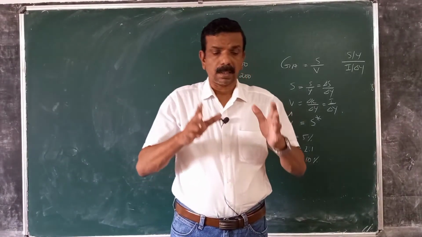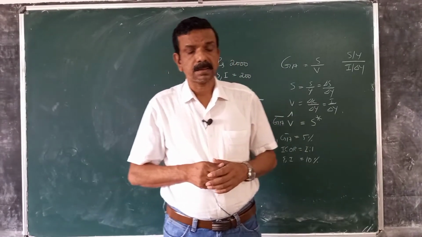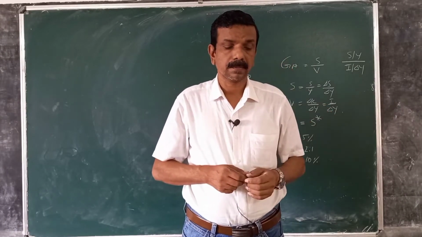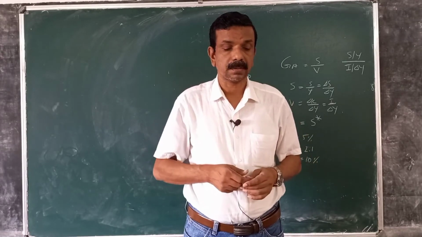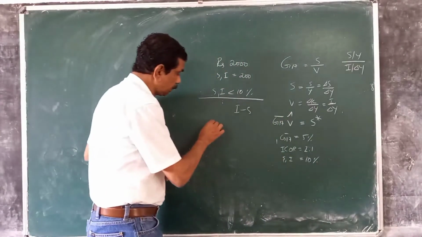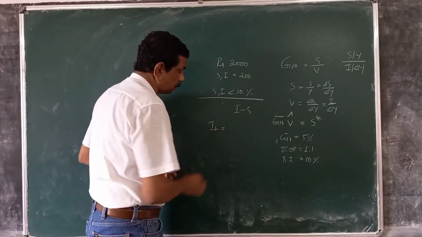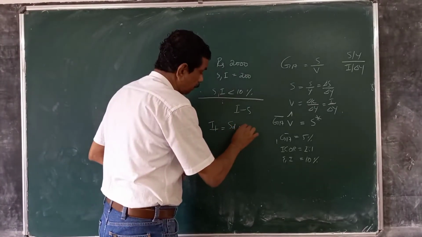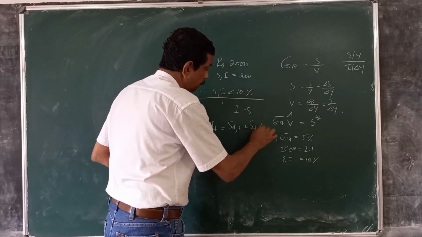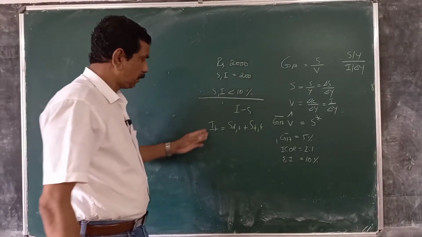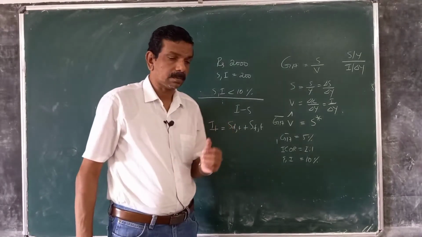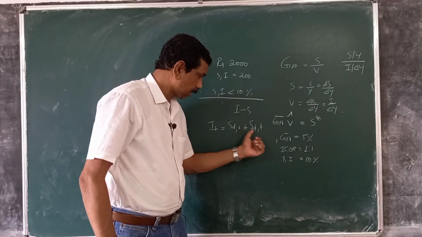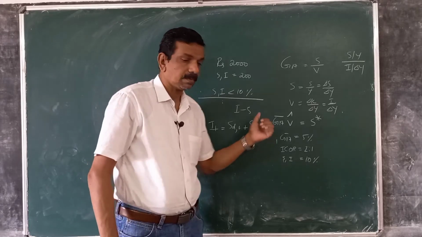So the rate of aggregate investment is determined by domestic savings and also foreign savings. And I_t can be written as equal to domestic saving at time t plus foreign saving at time t. Investment is equal to SD, domestic savings at t, and SF, foreign saving at t.